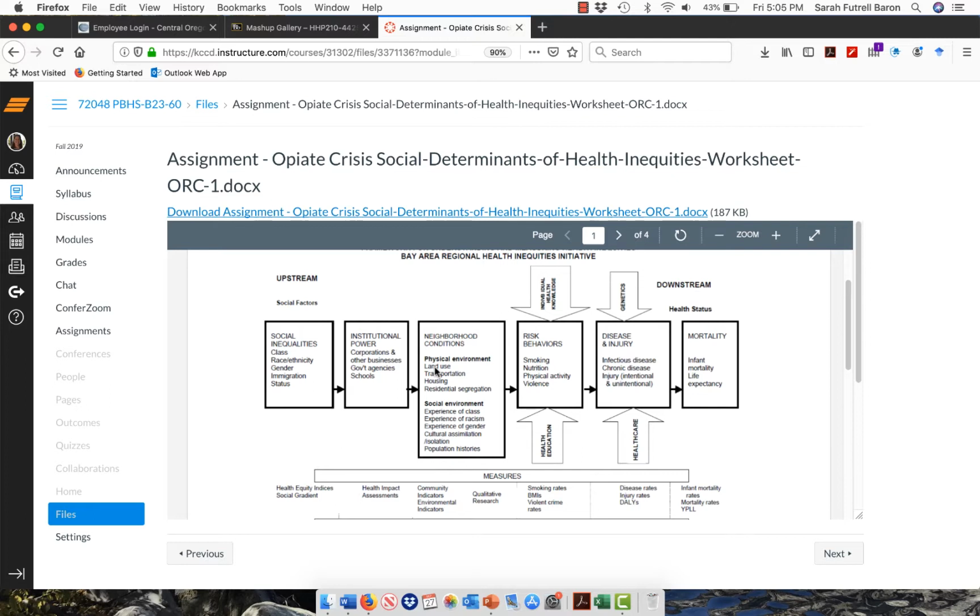Neighborhood conditions: are they in a place where they have access to health care or access to treatment? Institutional power: what has set up the power of the pharmaceutical companies and the FDA? Are they being regulated? And then social inequities: are some people being targeted more or hit more than others?